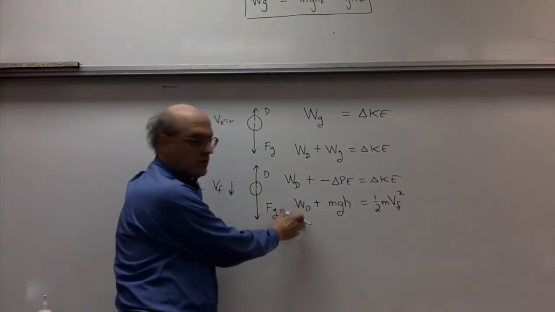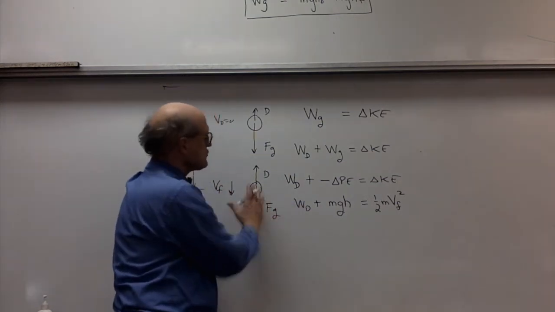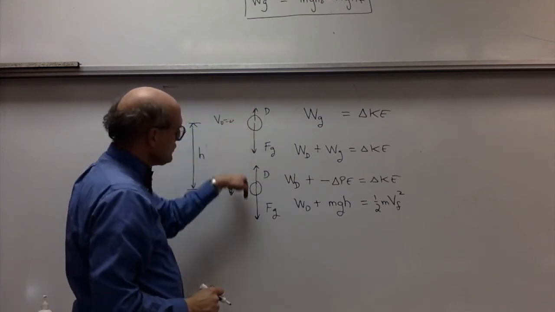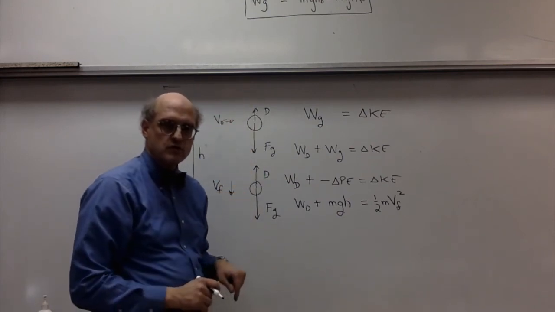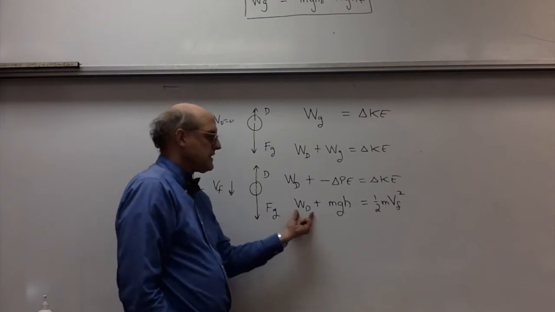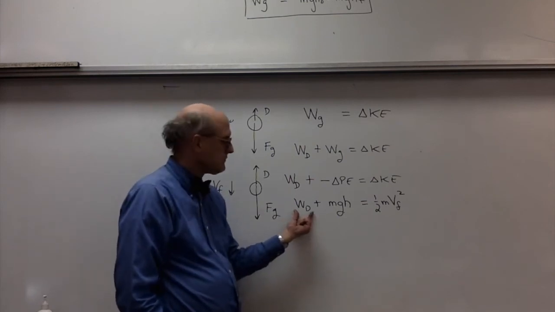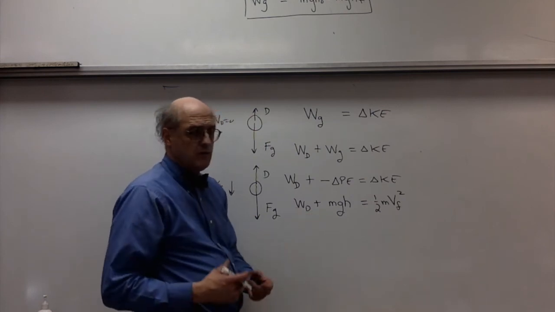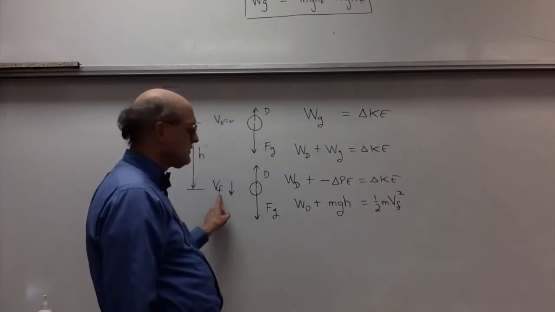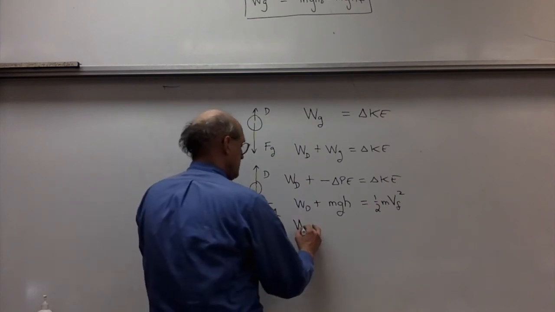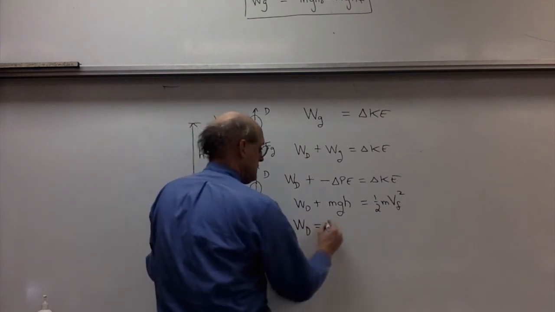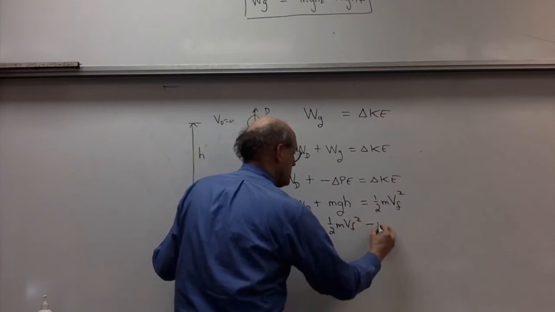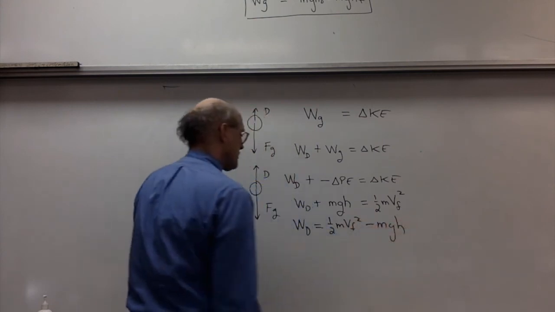So the work done by the drag force, since the drag force is directed opposite the vertical displacement, which is directed down, is going to be a negative value. Now, we could actually figure that out if we knew the final speed of the ball. WD would be equal to 1/2 mvf squared minus mgh.